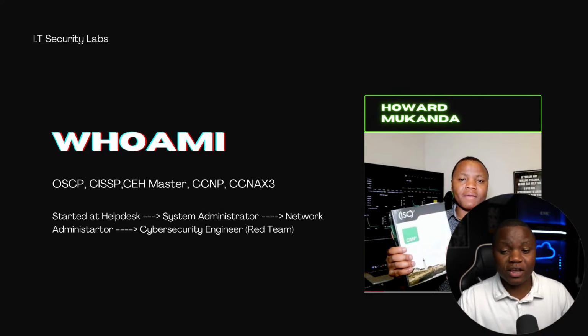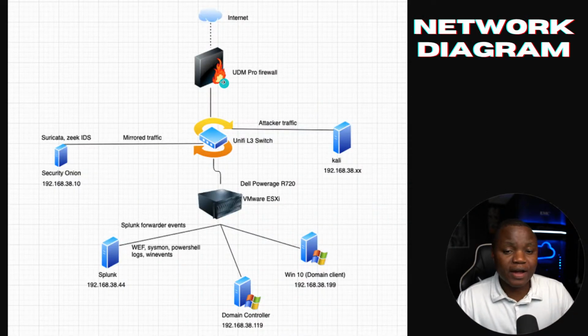This is the lab environment that we have, and you can set this one up for yourself for free. We have the main firewall here, which is your Ubiquiti UniFi UDM Pro firewall. And we also have a layer 3 UniFi switch that is mirroring all the traffic to an intrusion detection system. In this case, this is running Zeek and Suricata.